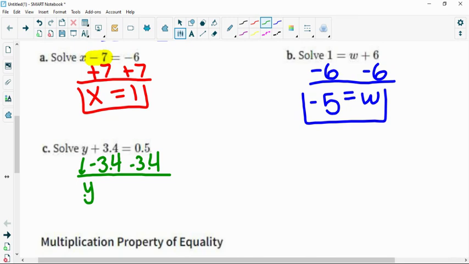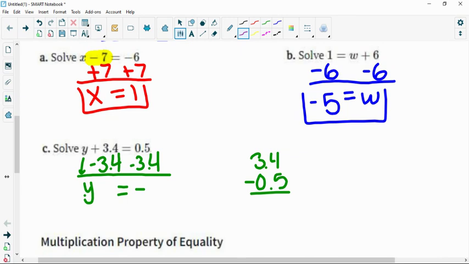The y comes down. Positive 3.4 minus 3.4 is 0. And now I need to figure out what 0.5 minus 3.4 is. Well, I'm taking a small number and subtracting a larger value, so I know it's negative. What I can do is take the larger value and subtract the smaller value to help me find that difference.